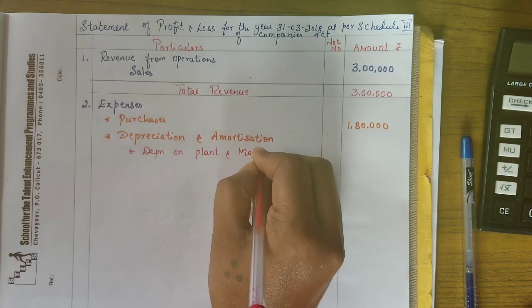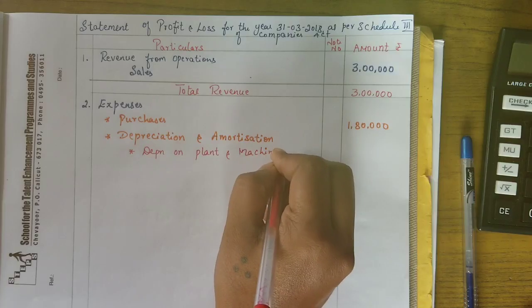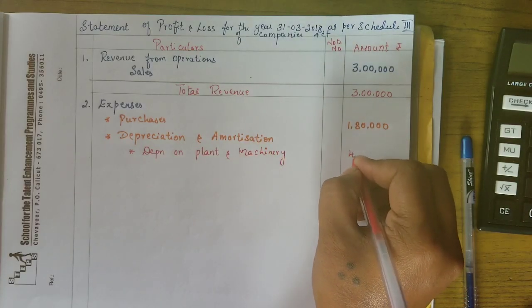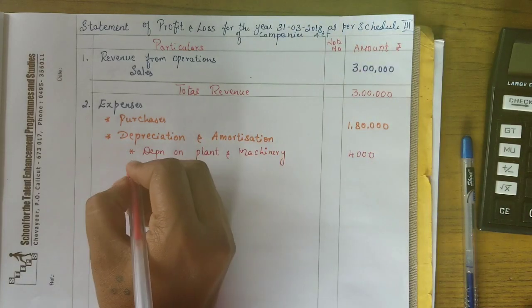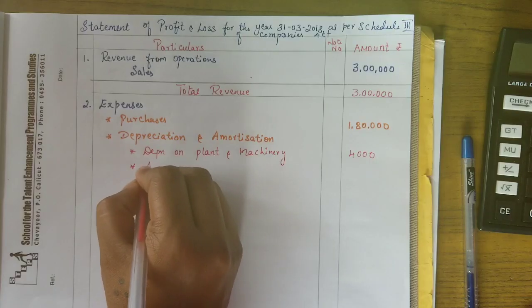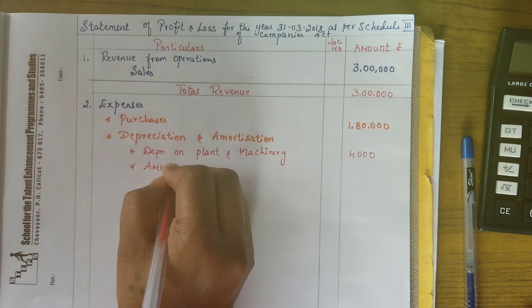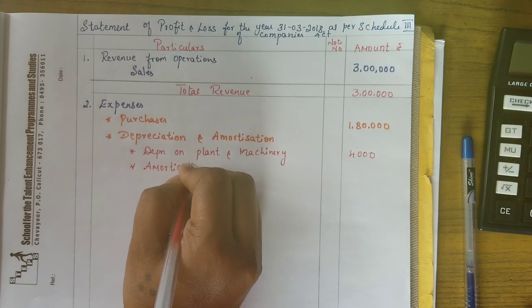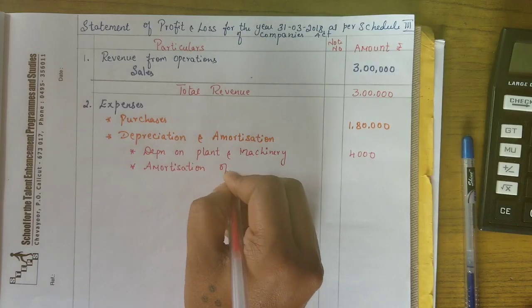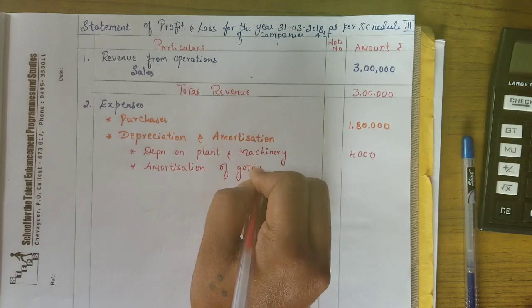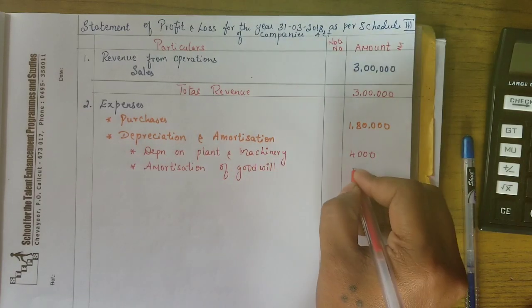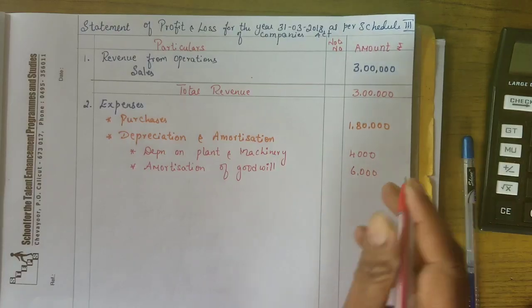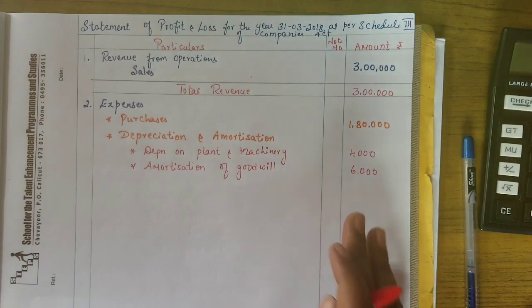They have given plant and machinery, amounting to rupees 4,000. Next we have amortization of goodwill, amounting to rupees 6,000. So these two come under depreciation and amortization.